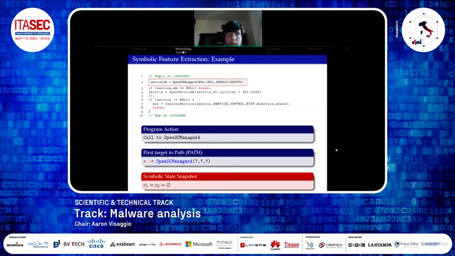The first 2 arguments of OpenSCManagerA are null, which means it gives access to the system services. The third argument is generic execute, so it provides access to the privileges. Then we move on to the execution.